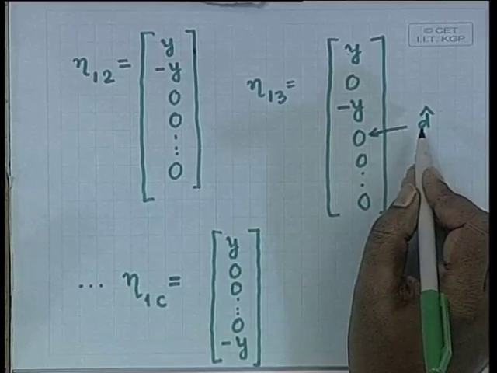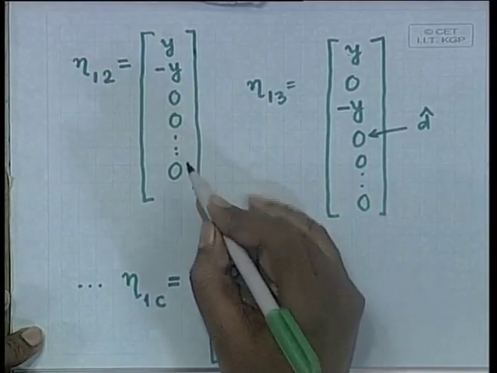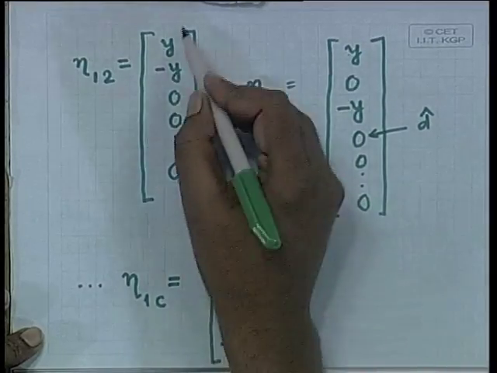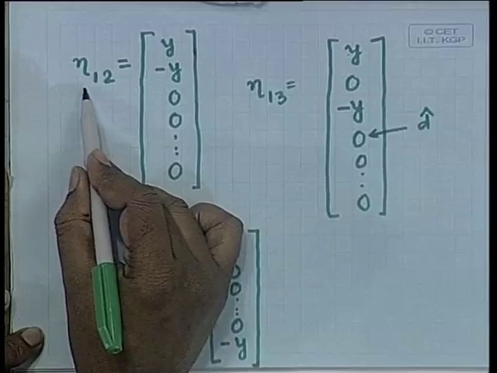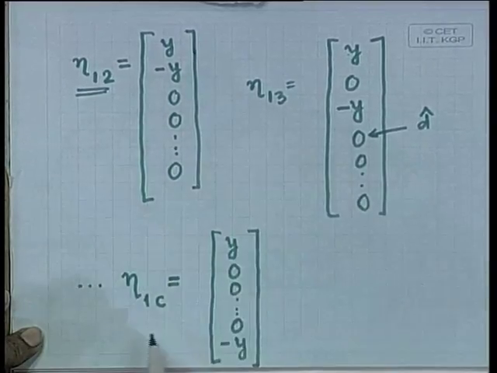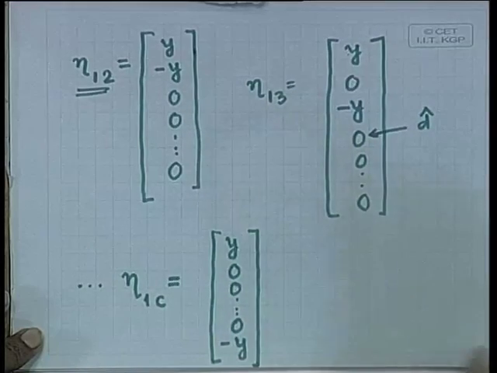As there are c number of such vectors, every vector having a dimensionality of d hat, the overall dimension of these vectors eta 1 2, eta 1 3 up to eta 1 c, each of them is c into d hat. Is that okay?